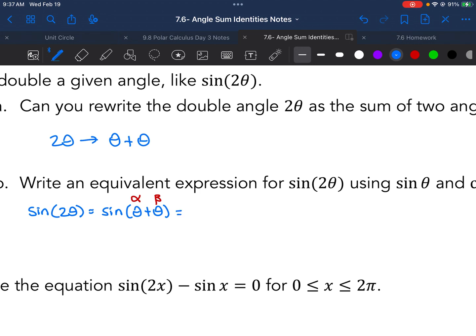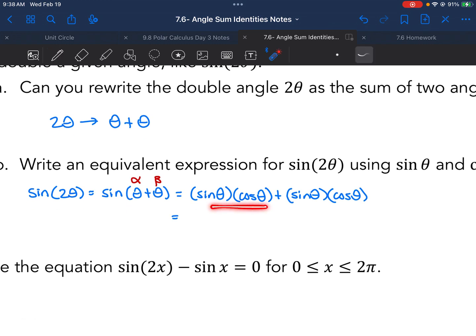So following the addition formula, sine of alpha plus beta, this would be sine of alpha, so sine of theta, times cosine of beta, cosine of theta, plus sine of beta, which would be sine of theta again, times cosine of alpha, but alpha is theta, so cosine of theta again.